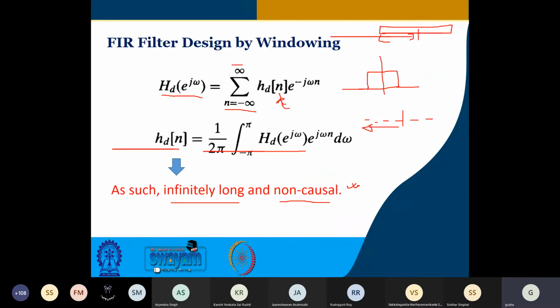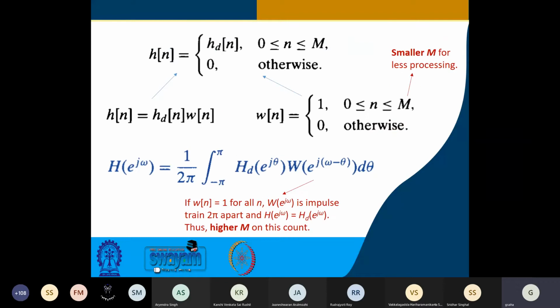So whatever this h_d[n] you are getting, we need to truncate it. So truncation for practical purposes can be done simply by multiplying it with a window. Okay.